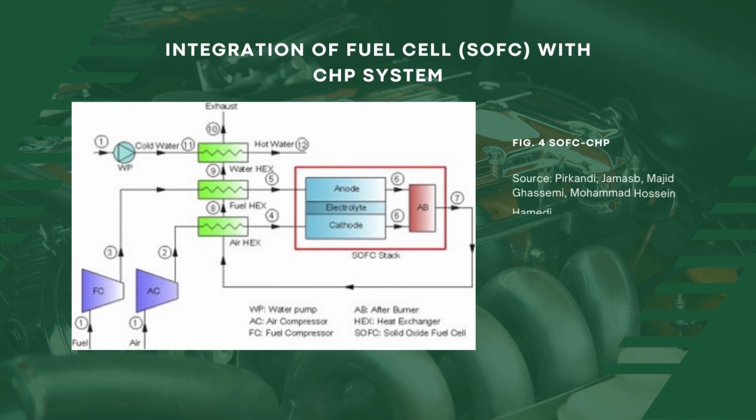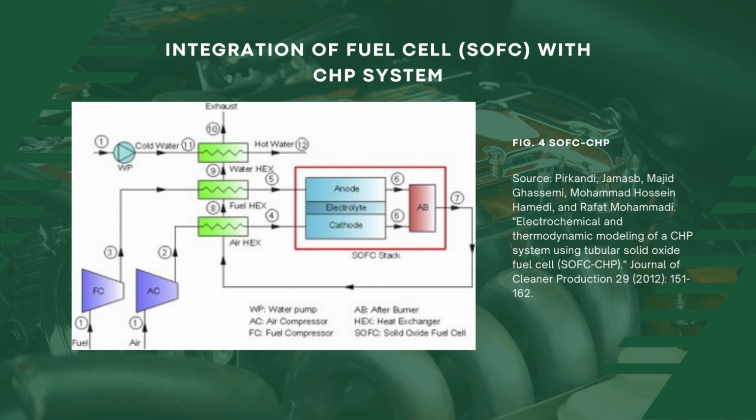Next configuration: the figure shows the integration of a fuel cell with a CHP system, that is, a combined heat and power system. Figure 4 is taken from a source mentioned here, published in the Journal of Cleaner Production.